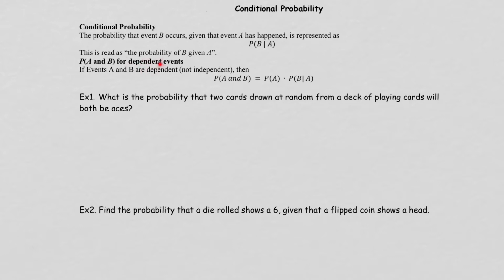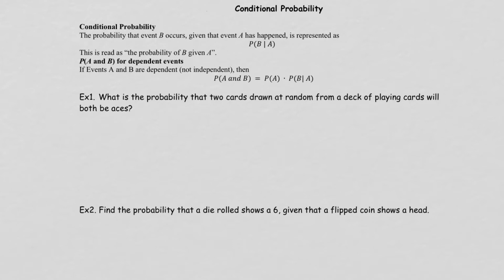But if it's a dependent event, you are still multiplying two events, but you don't multiply the probability of A and the probability of B. You multiply the probability of A by the probability of B given A, because they are related, right? So that's the different formula we're going to use if we realize the given problem is dependent. So you need to be careful with that.